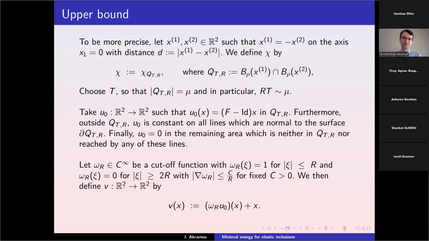Afterwards we define our v, from R2 to R2, by omega_r times u0 plus x.